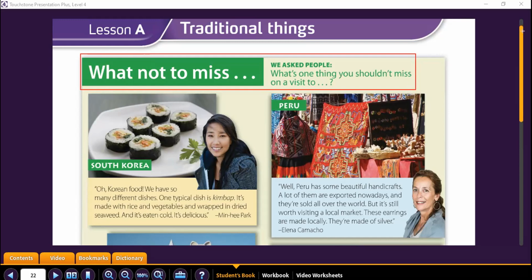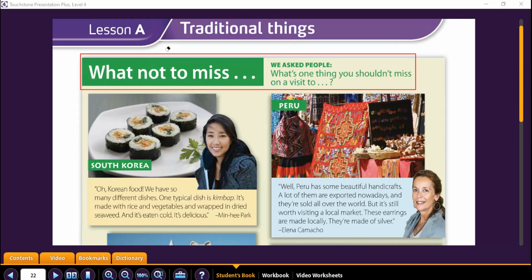So, here we have a very, very short reading about different places. You know, here we have South Korea, Peru, and we have other places as well, okay? So you're going to have a very fast reading about these places, and then you're going to help me with some answers, okay?